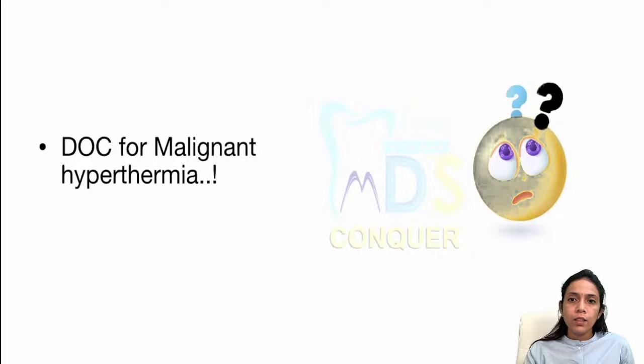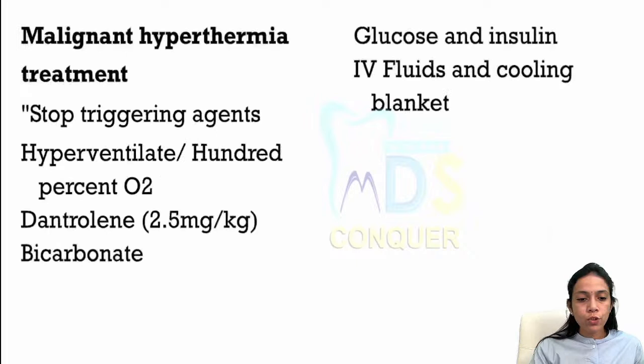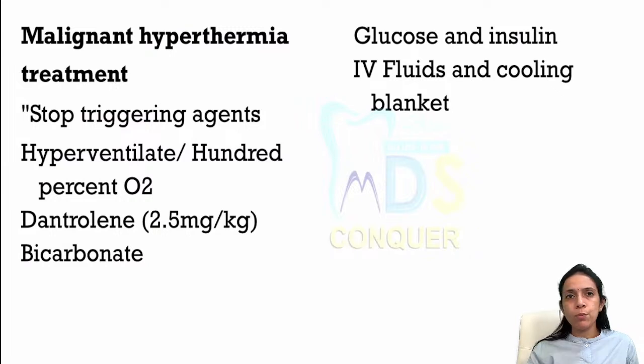Yes, students, it's dantrolene sodium. In malignant hyperthermia, you have to stop the triggering agents. You have to give dantrolene sodium as the drug of choice, along with glucose, insulin, IV fluids, and cooling blankets.